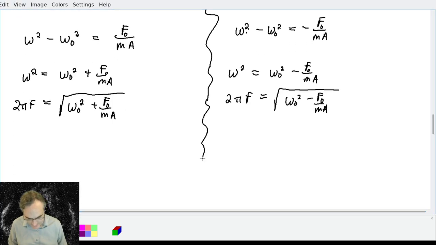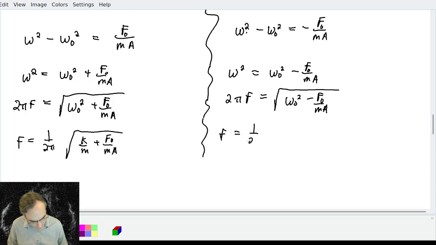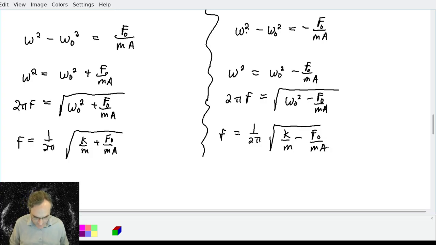And the last step to find any of these: f is 1 over 2 pi times the square root of omega naught squared, where omega naught is the square root of k over m. So this is going to be 1 over 2 pi square root of k over m plus f naught over mA. And on the other side, the other possible outcome, 1 over 2 pi square root of k over m minus f naught over mA.